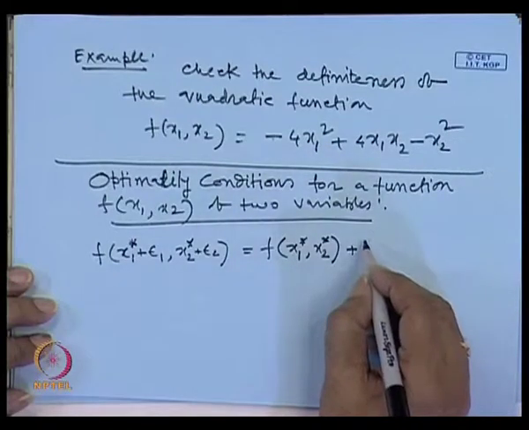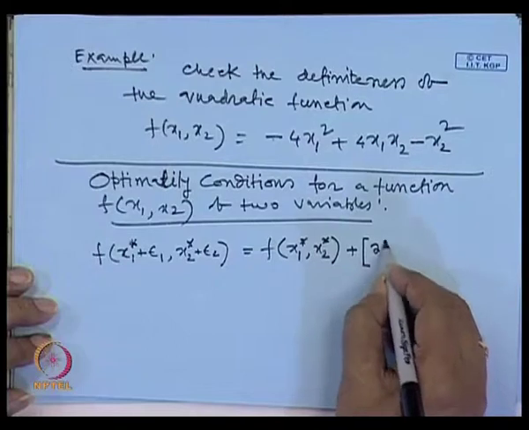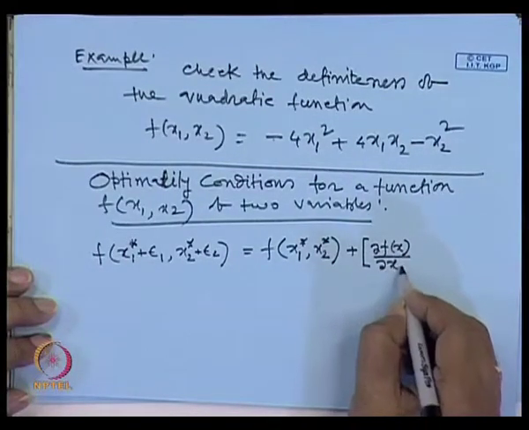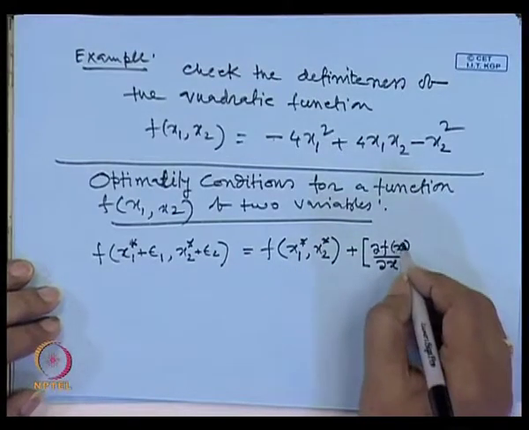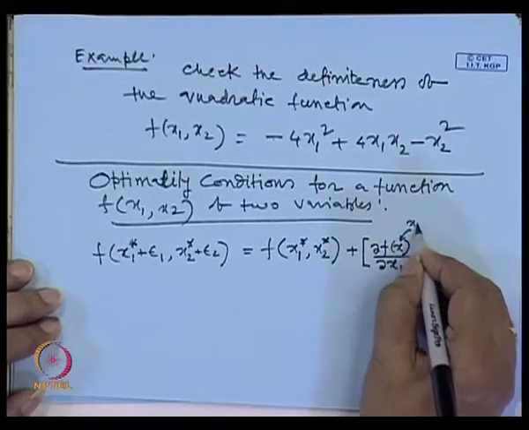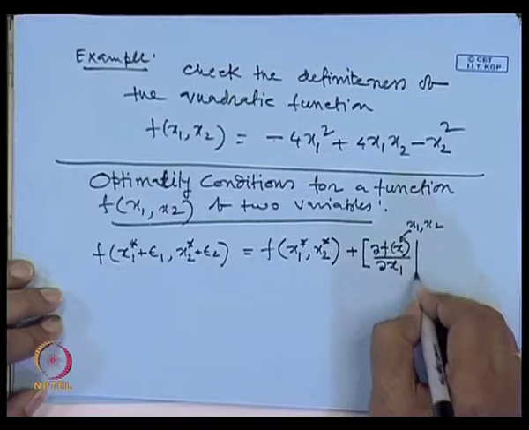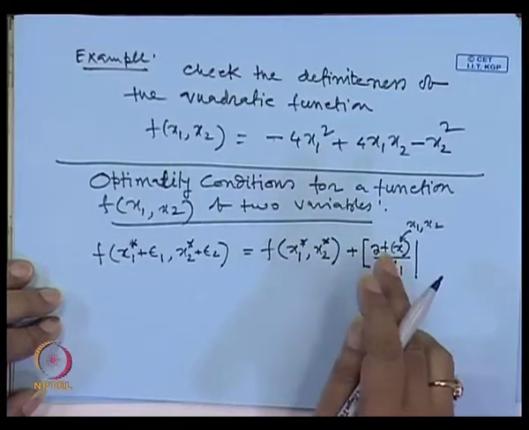I can write it as del f of x by del x1, where x is a function of x1 and x2, and you are doing the Taylor series expansion around x1 star and x2 star.